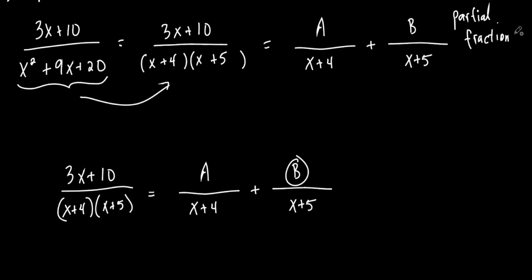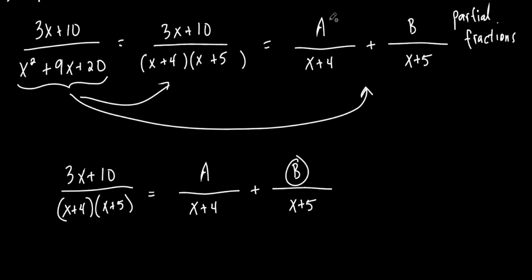I'm trying to go from that one big old fraction, 3x plus 10 over x squared plus 9x plus 20, and I want to make it look like this. You understand what we're trying to do? I just don't know the a and b.